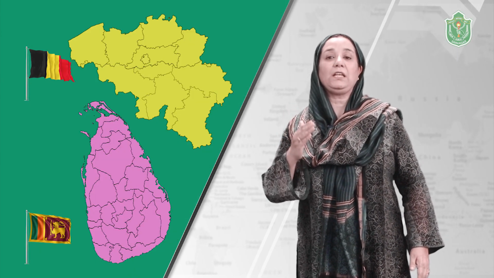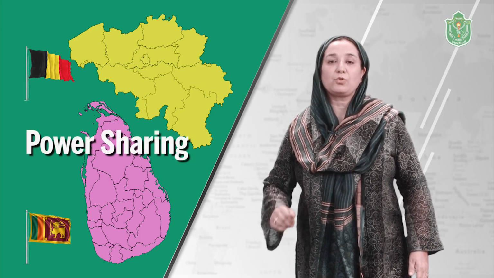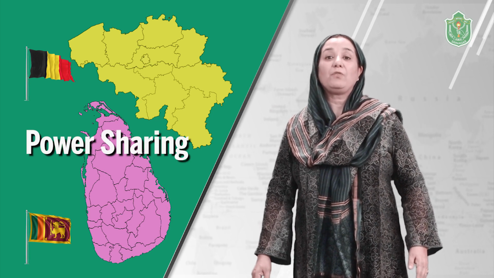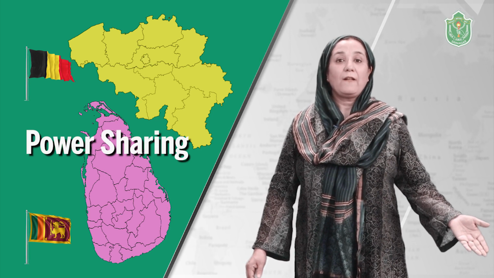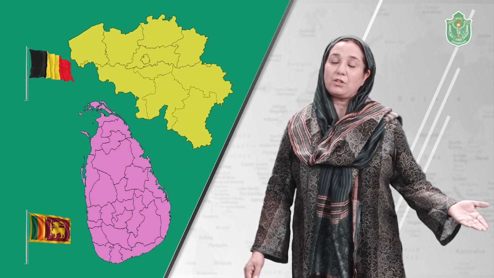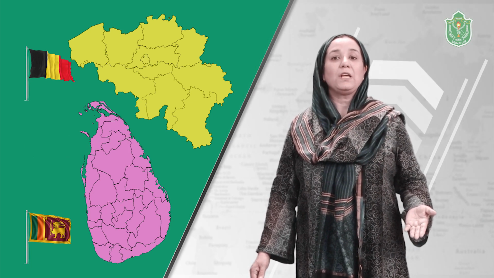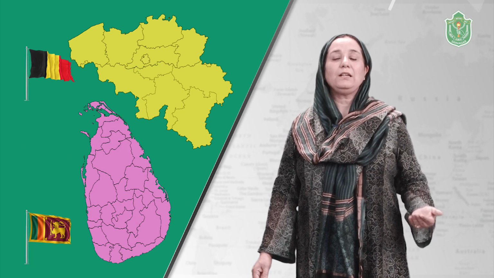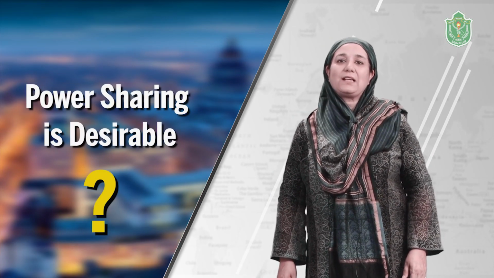We have seen in these two countries that Belgium, which shared its powers among all its community groups, was a stable country. Whereas when Sri Lanka, children, fostered one religion of the Sinhalese community, it resulted in civil war. Power sharing is desirable.